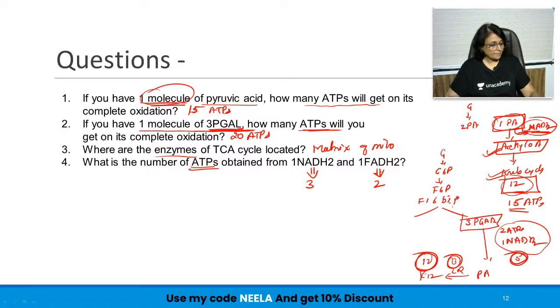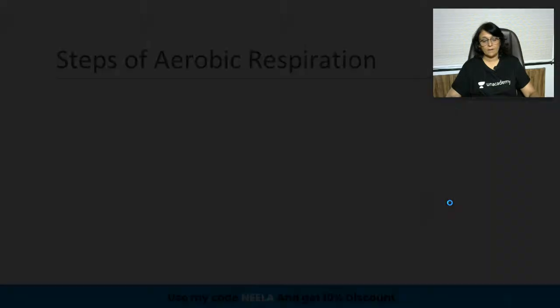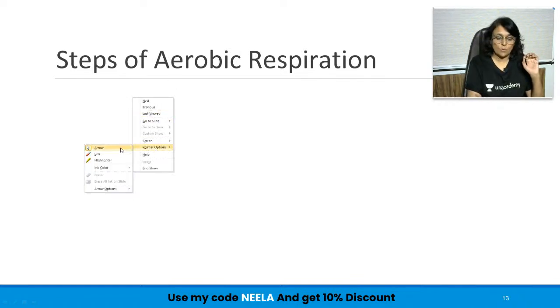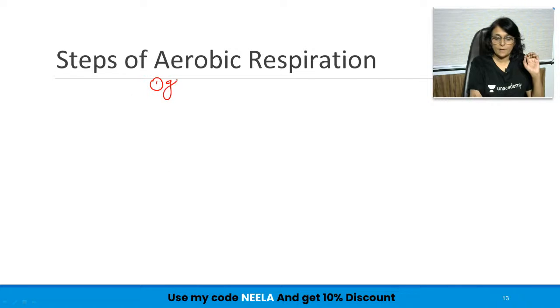Okay, now let us come to the next thing which we want to start. See, where are we right now? We are on the fourth step. The first step was glycolysis. The second step was link reaction. Third step was Krebs cycle.